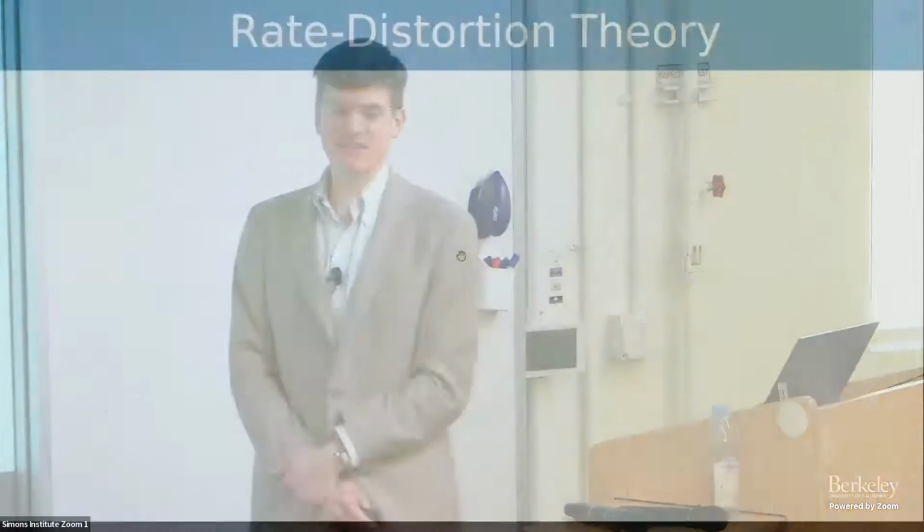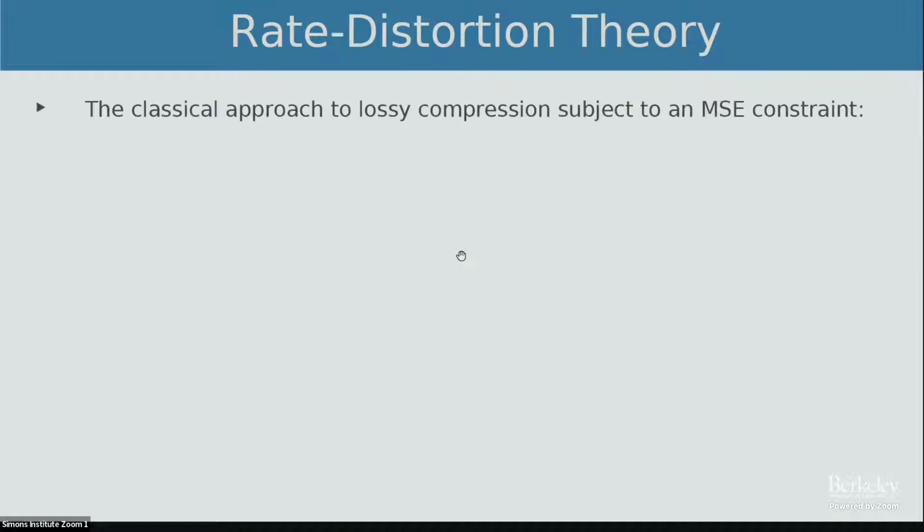All right, so let me begin by just describing the classical story about lossy compression from information theory. This is sort of a folklore result. It's probably familiar to most people here, but let me go through it quickly. If you open up a textbook in information theory and read up on how to compress a source subject to a mean squared error distortion constraint, it'll say to do the following.